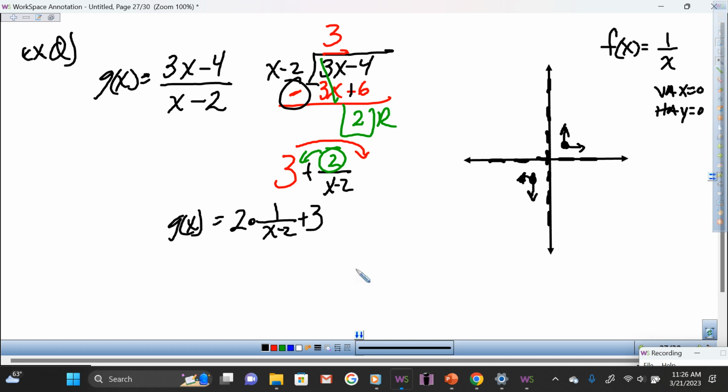Okay. But now we need to graph our transformed function, which means we need a new VA and a new HA. Tell your neighbor what you got for those two, and then we'll have Diego pass someone. Our new VA and our new HA. Pass someone, Diego. Our new VA is what?